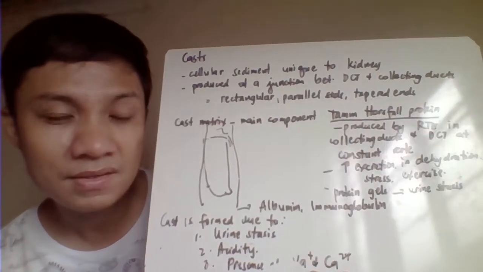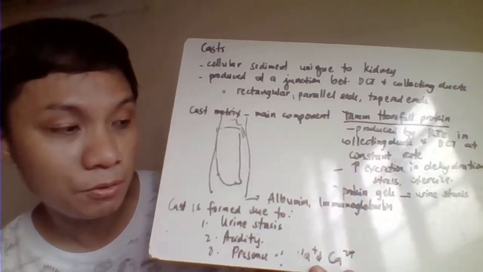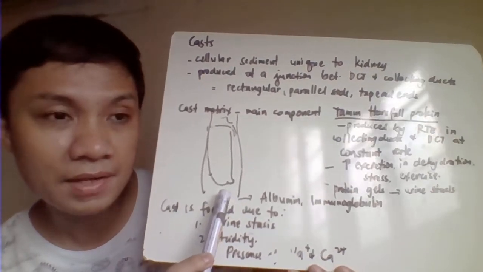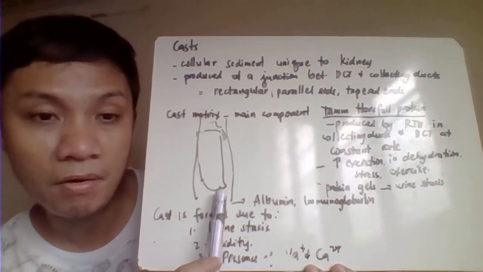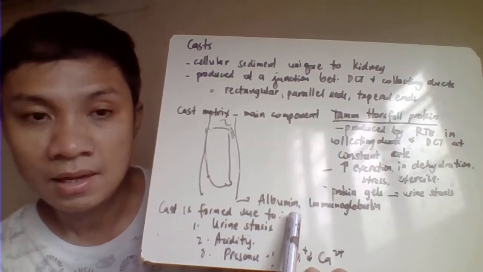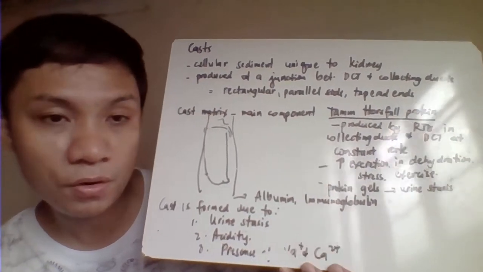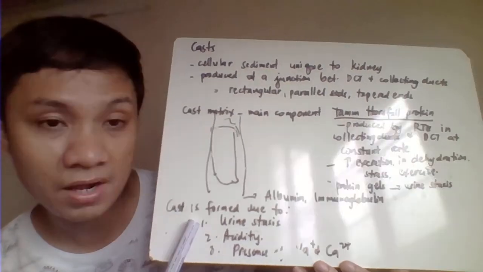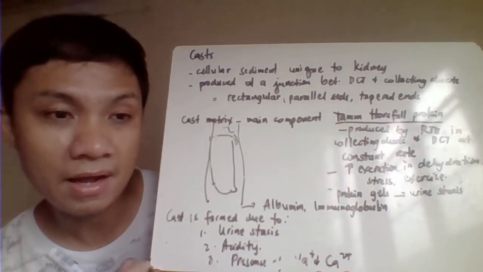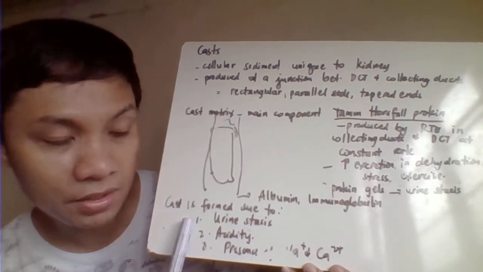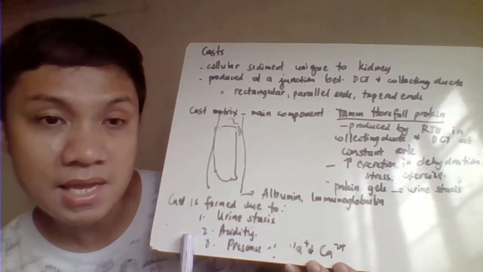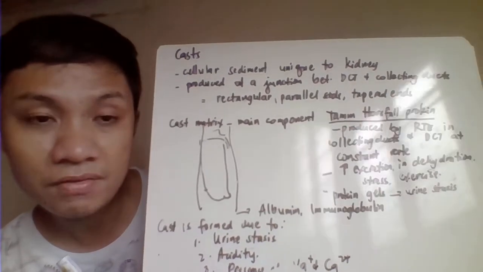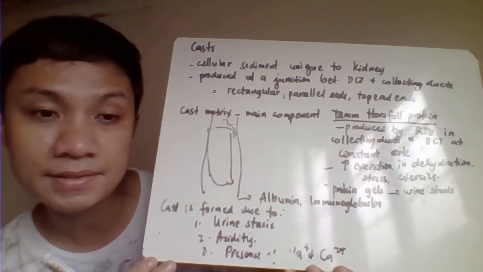So our cast stays in the renal tubules for an extended period of time. Another component of the cast matrix, aside from Tamm-Horsfall protein, is albumin. Another one is immunoglobulin. So in cast formation, we have different factors that determine the formation of the cast. Number one, urine stasis; acidity; and another one, the presence of calcium and sodium. All of that contributes to cast formation.